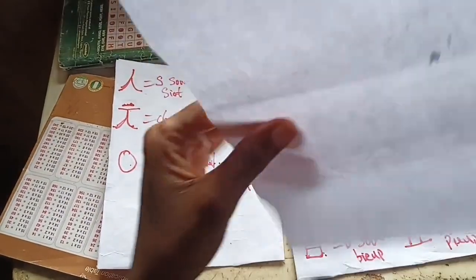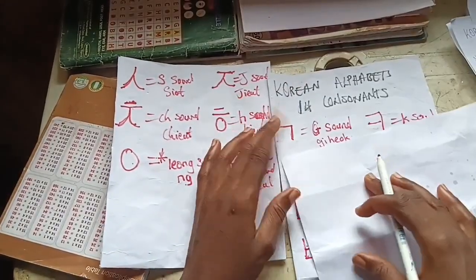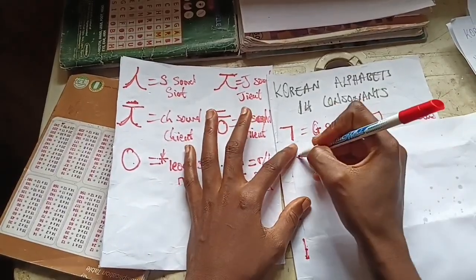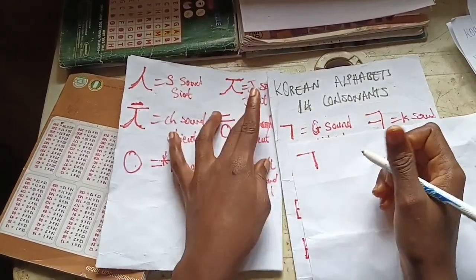The first one is the G sound. Now, you take the R vowel.